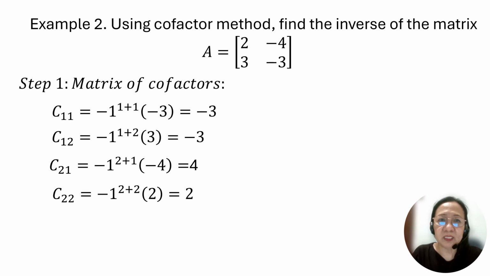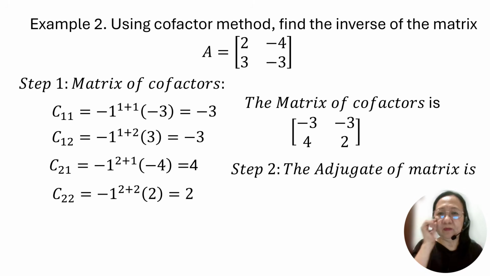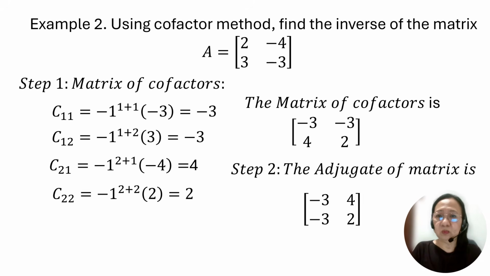Now let us find the matrix of the cofactors. Let us copy. We have now negative 3 for the first row, and 4, 2 for the second row. Now its adjoint. The adjugate of the matrix is, okay, we have to copy the first row. The transpose: negative 3 in the first row is now written as the column.